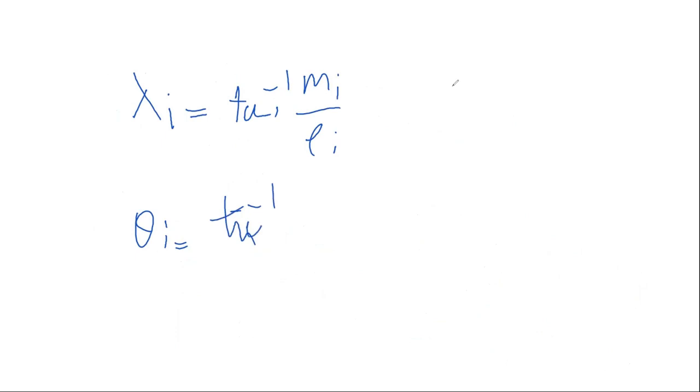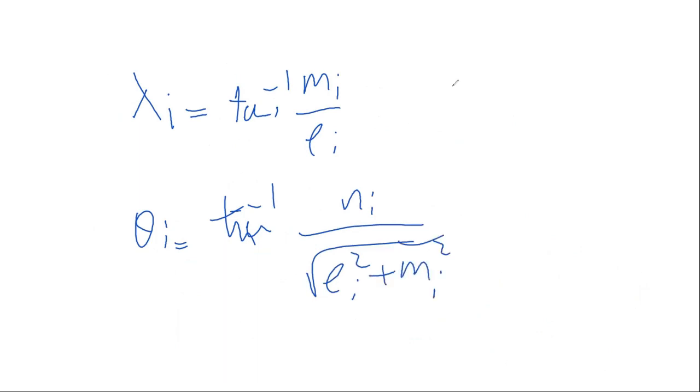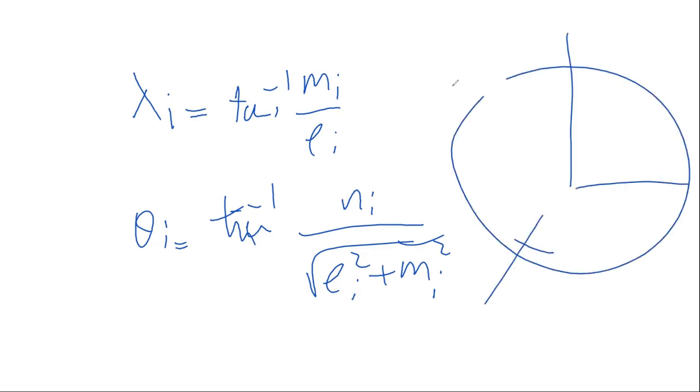Lambda i for the first axis is arctangent of mi over li, and the colatitude will be again arctangent of ni over the square root of li squared plus mi squared.